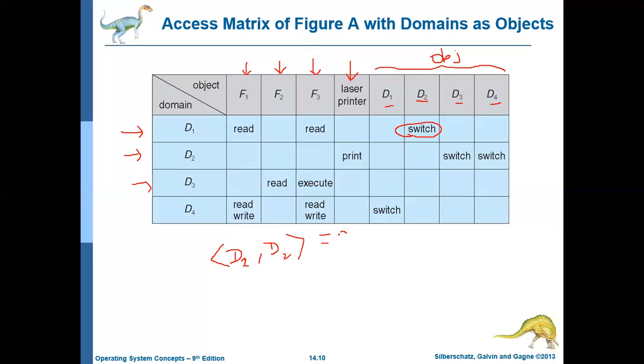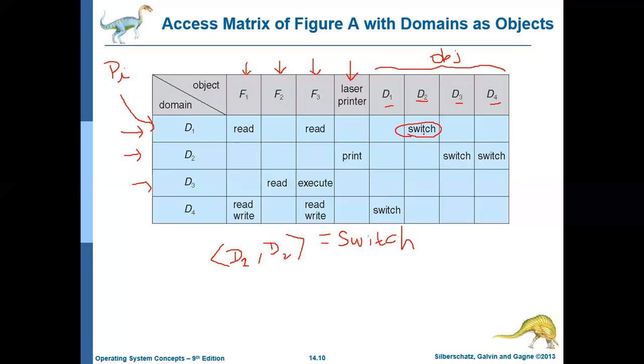It means that a particular process which is executing in domain D1 can switch to domain D2. Okay, a particular process, say a particular process Pi, which is currently executing in the domain D1.